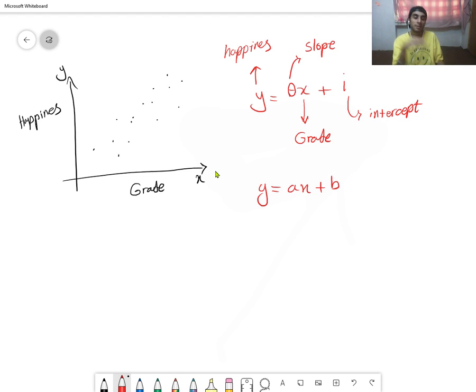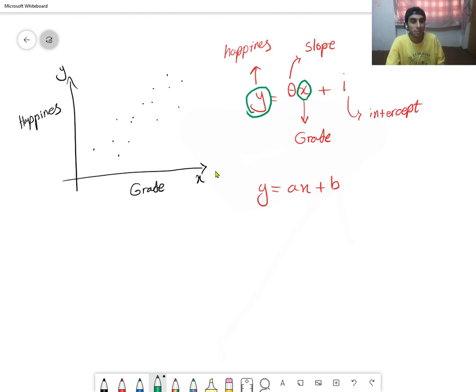Okay, so the problem here is we don't know these values. Of course, we have the x, which are grades, and also we have the y, how happy our student is, but we do not know the slope, we do not know the intercept.